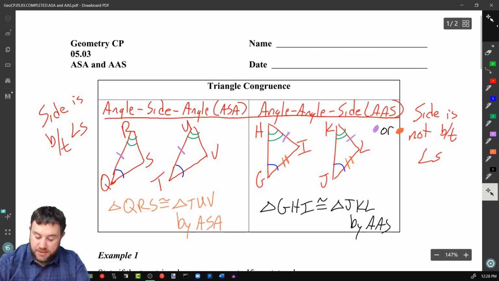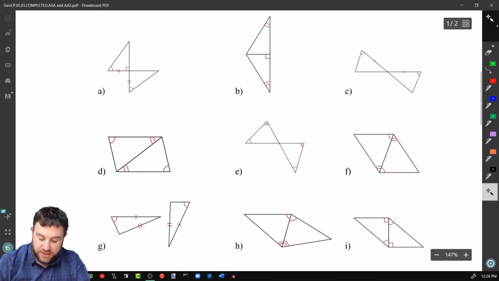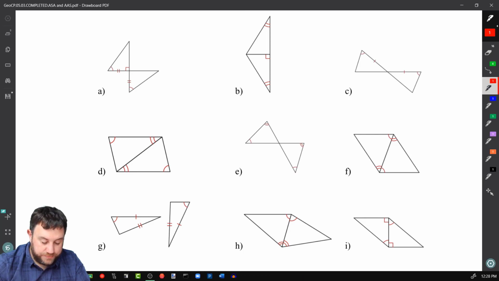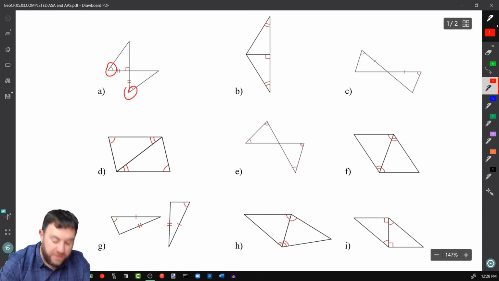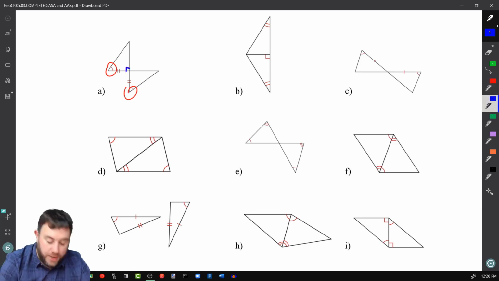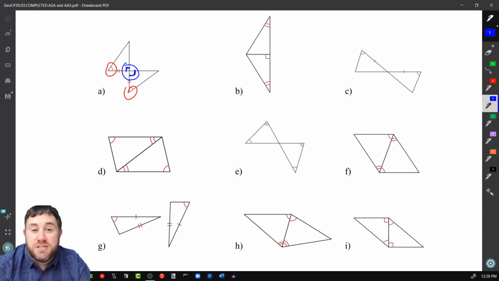So let's practice a few of these. We'll determine if these are congruent and what method would show us that. So for 1A, here we've got this pair of angles. We've got this perpendicular box down here. Remember, that's a right angle. But if that's a right angle, this is a right angle. And remember, right angles are always congruent.